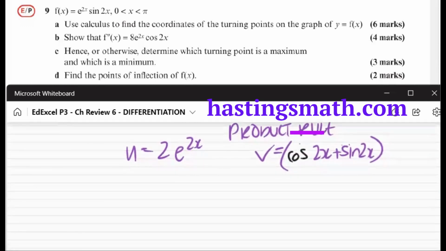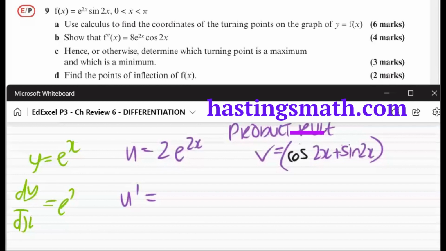So first thing, do our first derivatives of u and v. So u dash is the first derivative. When you have e to the power of x, so if you had y equals e to the power of x, it just stays the same. So dy dx would be e to the power of x. However, this one has a function inside a function. So everything stays the same.